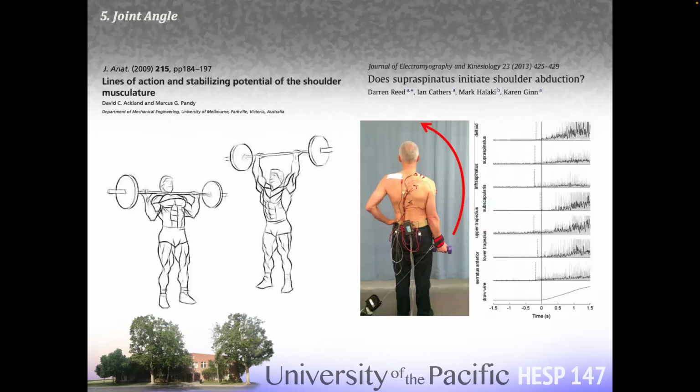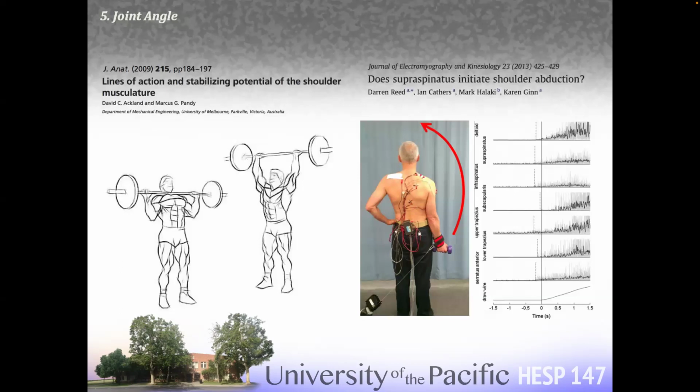Number 5, joint angle. For starters, different muscles fire at different angles. They're just different lines of pull. Like for a shoulder, the side raise, there are optimal angles where the deltoids can perform the action as opposed to the supraspinatus or other muscles.